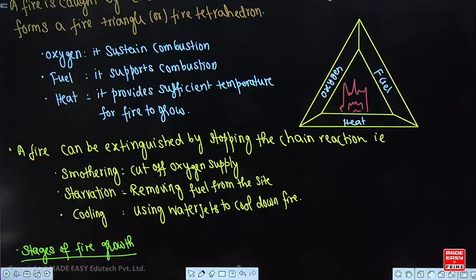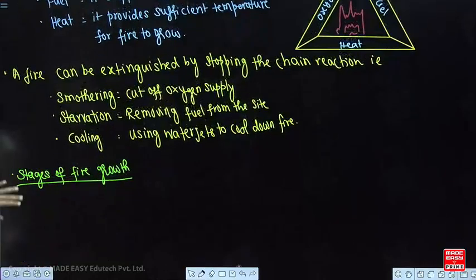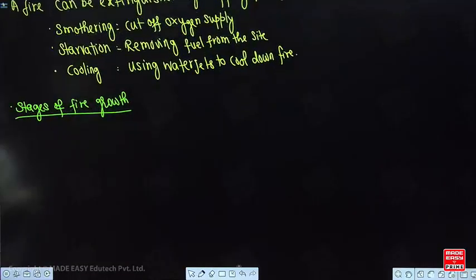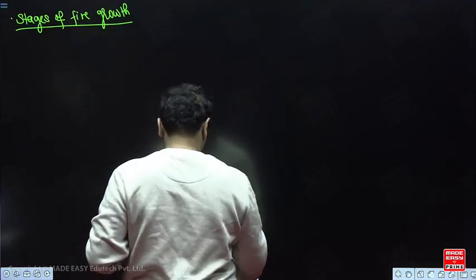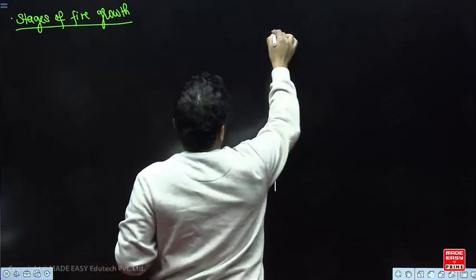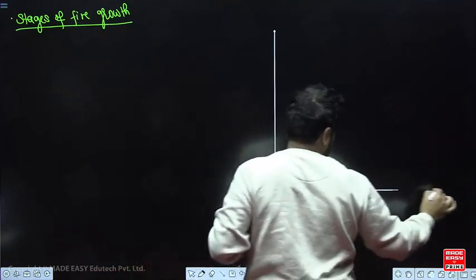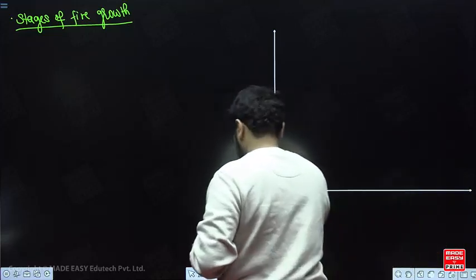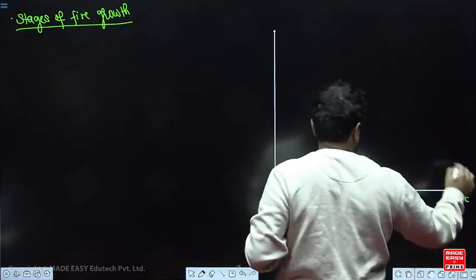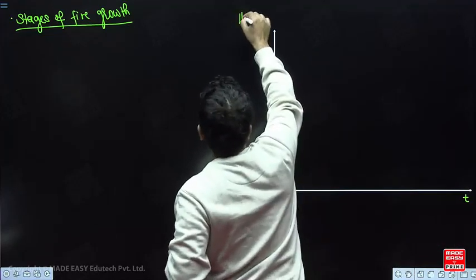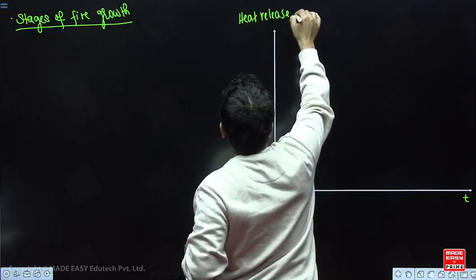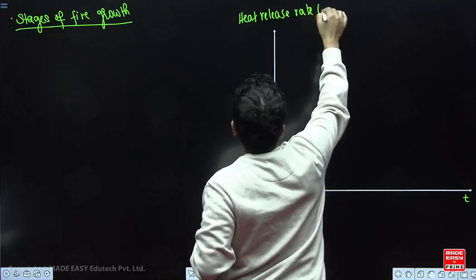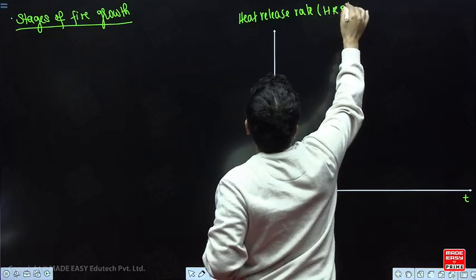Correct. Okay. So stages of fire growth, let us see. This is time and this is a heat release rate, HRR.